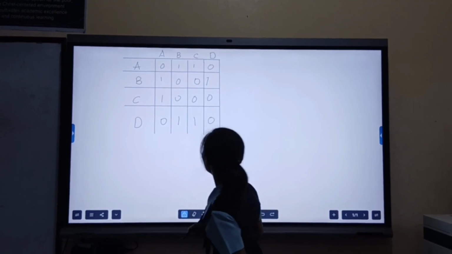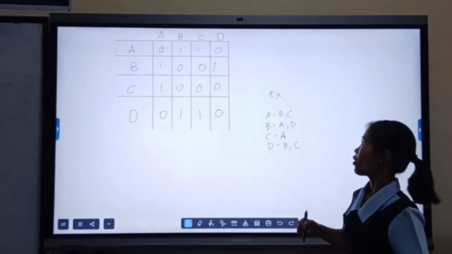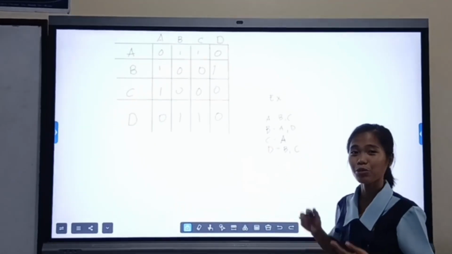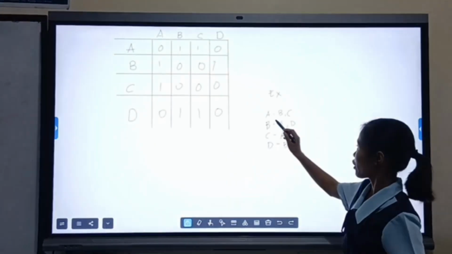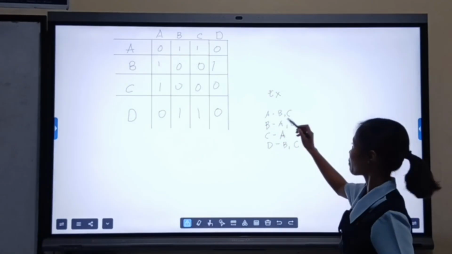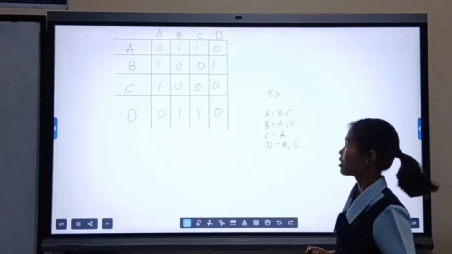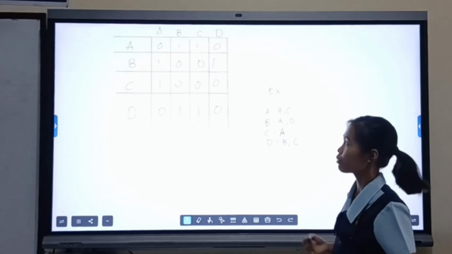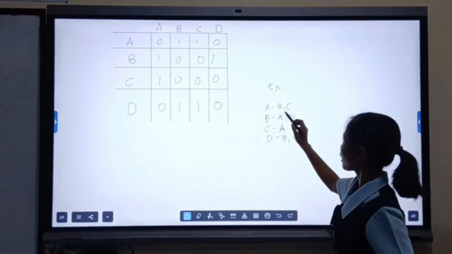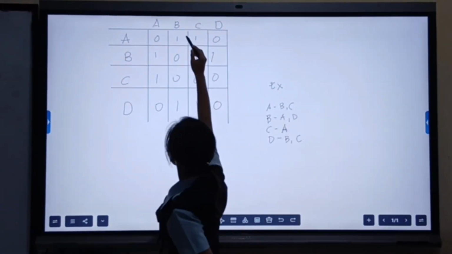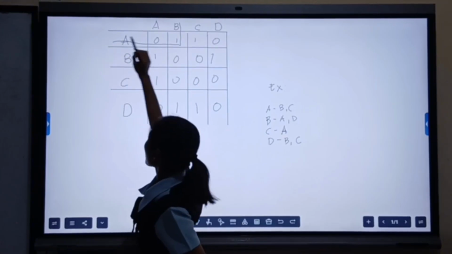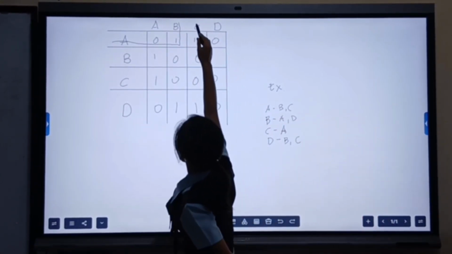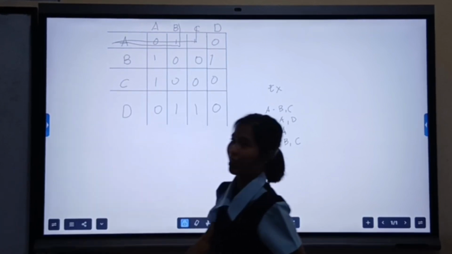So, what will be the answer? First we have A connected to B and C. How are they connected? Basically these are the vertices and edges, and it is based on the value. B is connected to A since we have one value here. And next, A and C have one value at the same time.